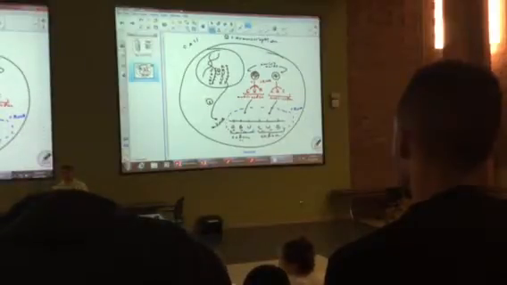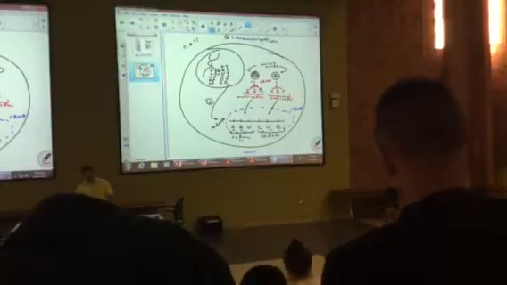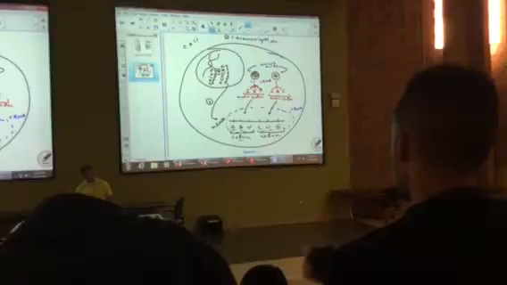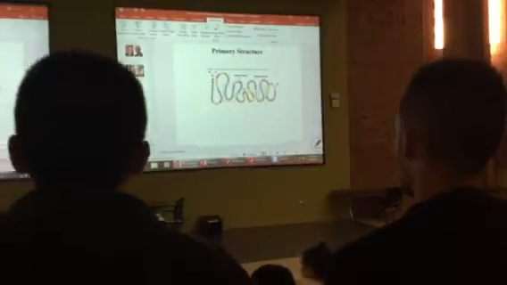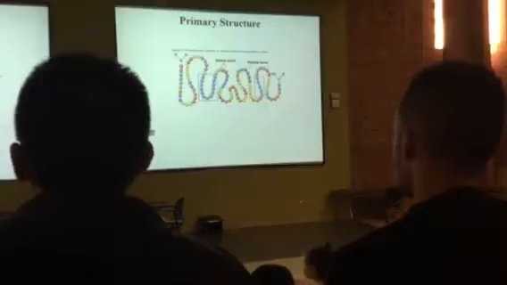Primary structure. What we're doing here, by lining up these amino acids next to each other, based on the anticodons of the tRNA, which are based on the codons of the mRNA, which are based on the gene of a DNA molecule, the original recipe, is to stick amino acids next to each other. So we talked initially about primary structure of a protein.